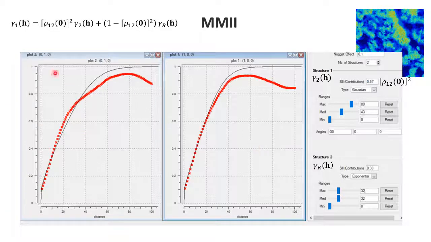So now I can calculate the cross-variogram simply by multiplying the correlation coefficient with the secondary variogram. So now what I still need is the primary variogram model. The way I'm going to do this is to have two structures. I have a structure that I already know.